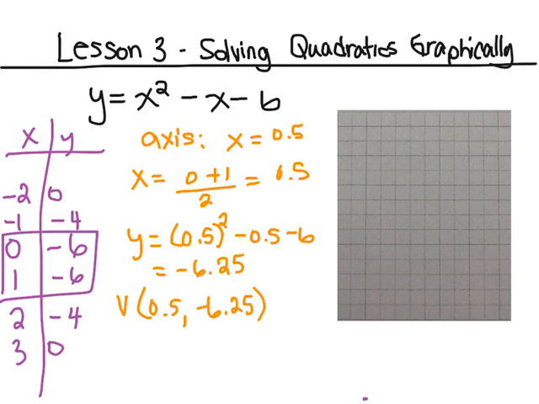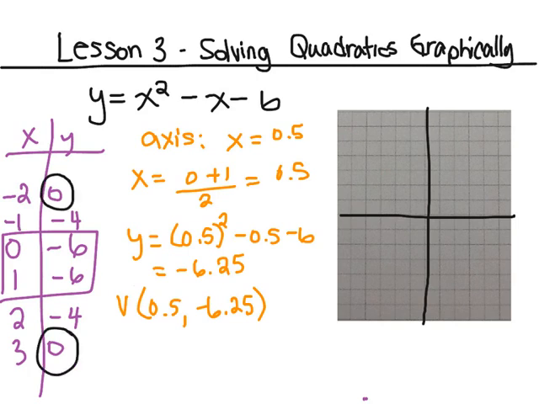So we're going to graph this, and we're trying to find the solution. So we want to know when y is equal to 0, because those are our x-intercepts. So we'll graph that. So at negative 2 and 0, at 3 and 0, our vertex is at 0.5 and negative 6.25.